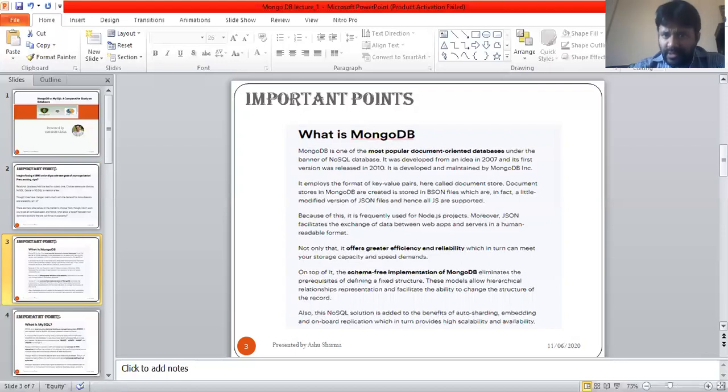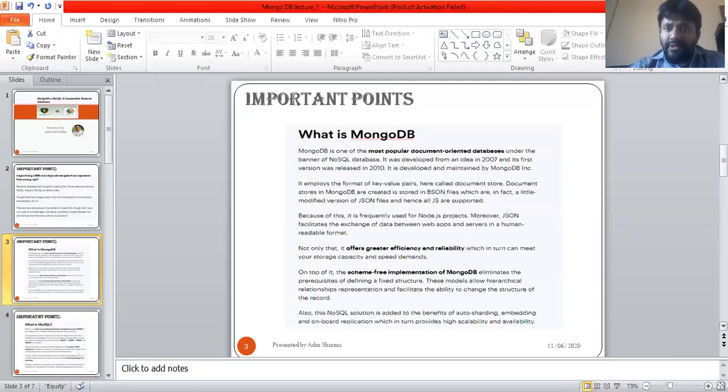Because of this, it is frequently used in Node.js projects. Moreover, JSON facilitates the exchange of data between web applications and servers in a human readable format.